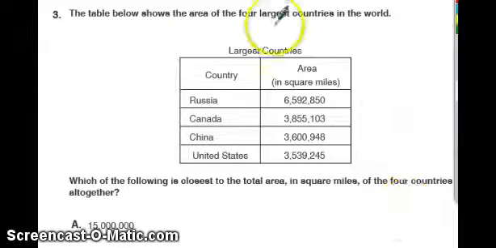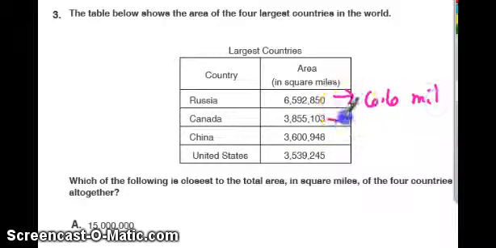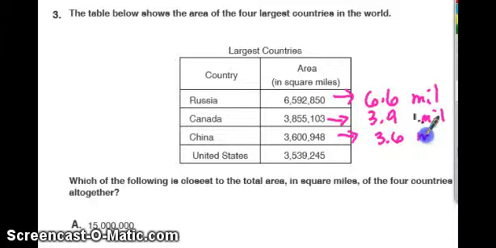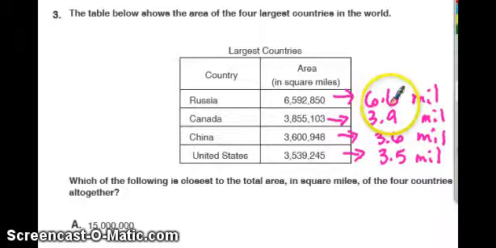What I did was I rounded this to about 6.6 million. And I rounded this to 3.9 million. And I rounded this to 3.6 million. And I rounded this to 3.5 million. And then I added those together.